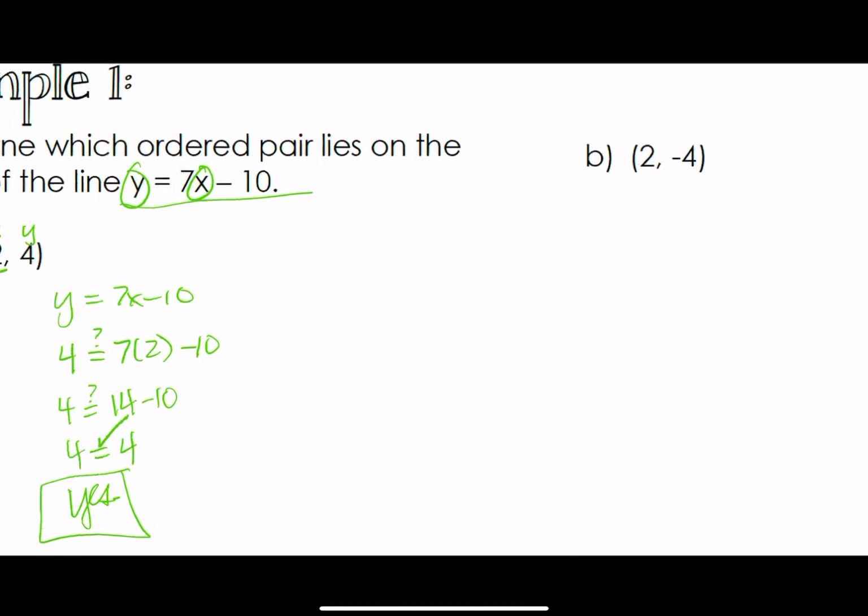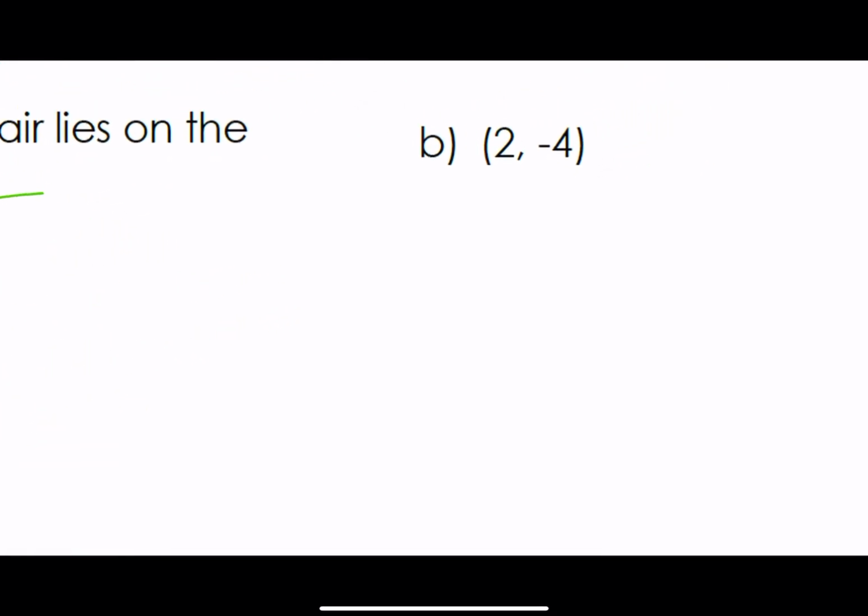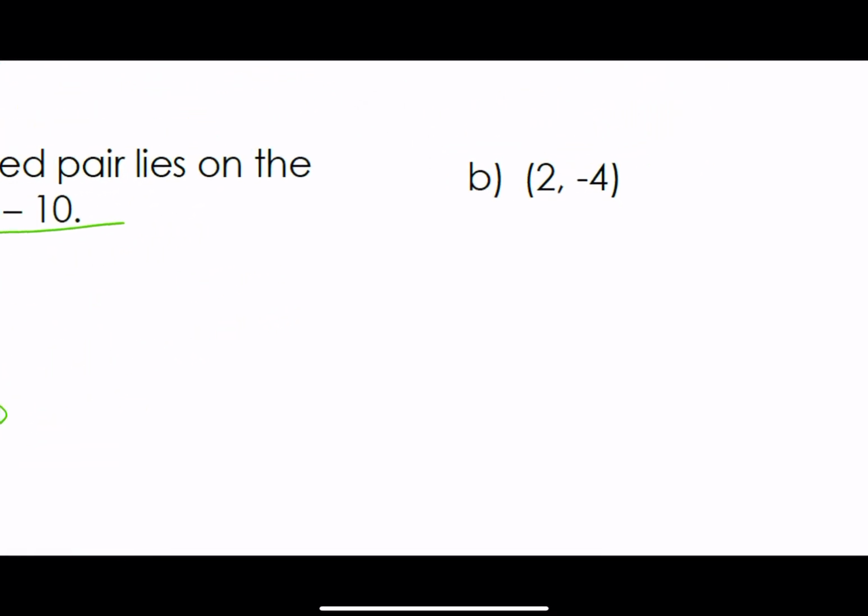So now let's try it with this one. All right, we've got y equals 7x minus 10. We're going to take our x and our y and drop it in. So let's do it. We've got negative 4 equals 7 parentheses 2 minus 10.